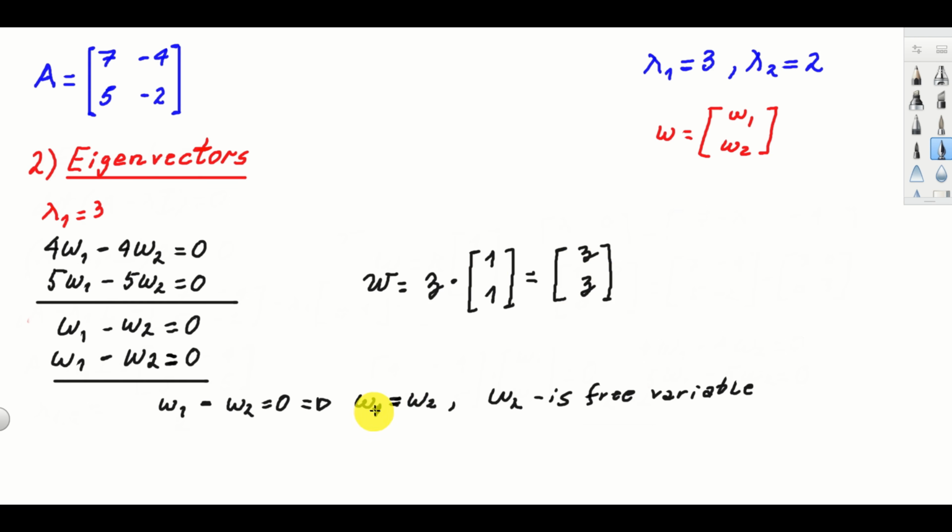Now if you see from here, w2 is free, and w2 serves as beta. So instead of beta, you can think of w2, which we can freely choose. And then, according to this equation, w1 is equal to w2, that is, w1 is equal to beta. And that's precisely what is written over here, where beta is any real number.